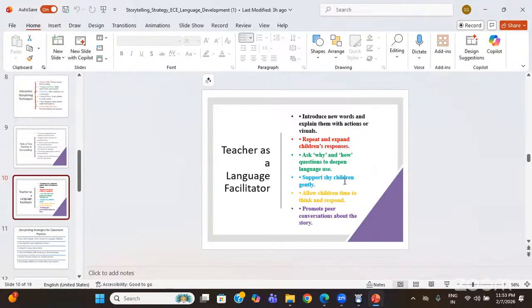Support shy children gently. This is also the role of the teacher. We always see that whoever the child is who is active and expressive, we question only them and they give the answers only. You listen to that child only. But that should not be the case. Give equal opportunities to all the children to promote inclusion, even children with different abilities.